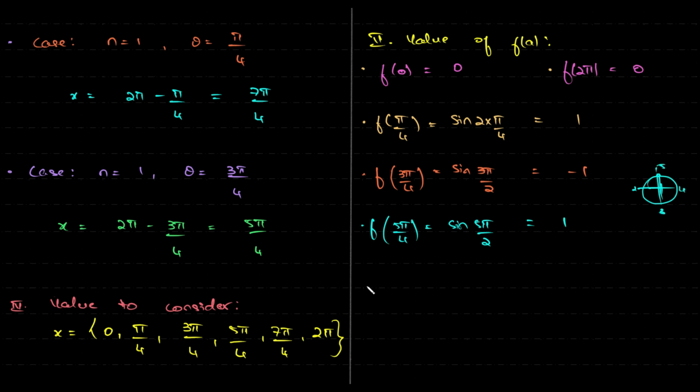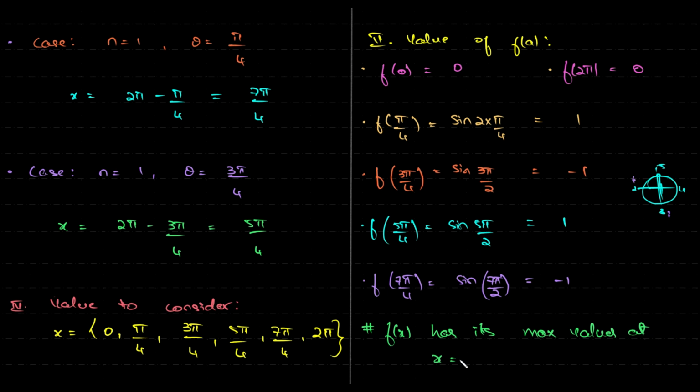So this is again 1. And we have 7 pi by 4, which is nothing but sine of 7 pi by 2, which is minus 1. So finally we can tell f of x has its maximum values at x equal to pi by 4 and 5 pi by 4.